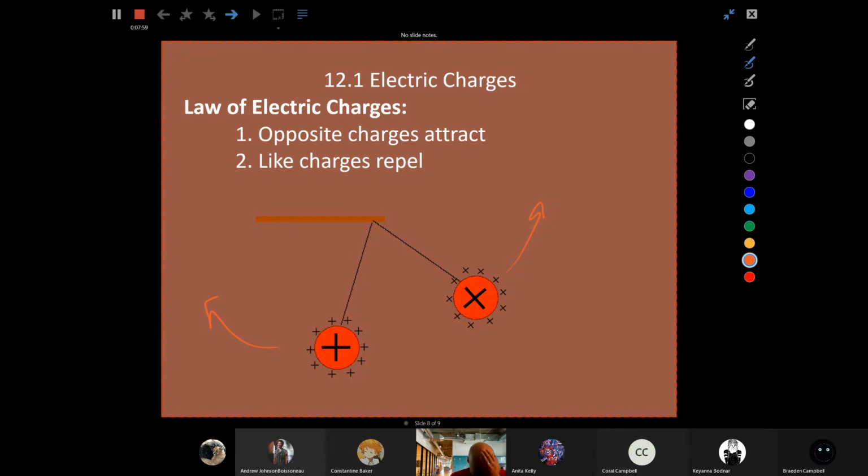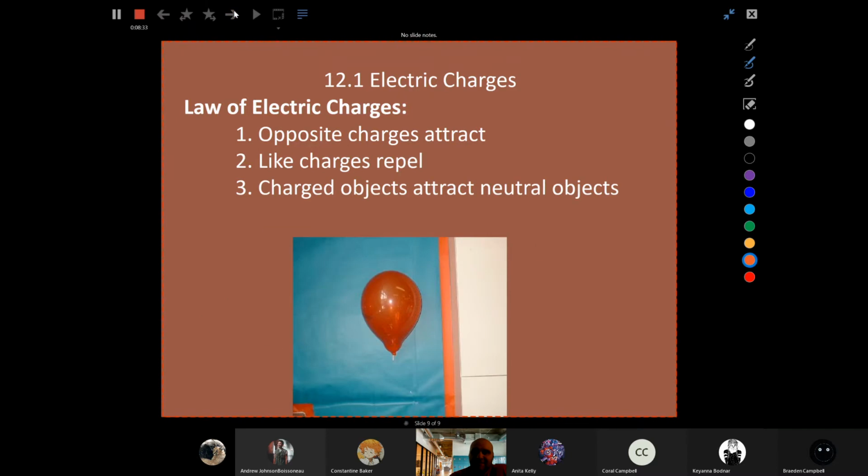There is a third situation here, too. Okay, our third situation is a charged object, whether it's positive or negative, will actually be attracted to a neutral object.